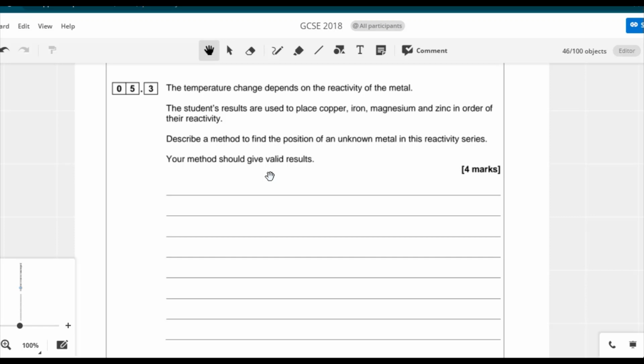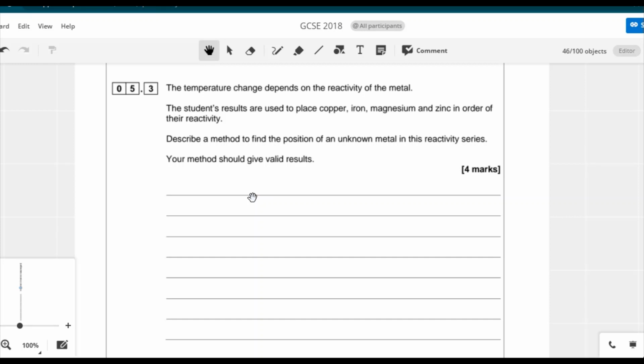So here first of all, as we know, a suitable method describes the observations or the measurements required to place in order. So first, that is like an indication of how results would be used to place the unknown metal in the reactivity series.